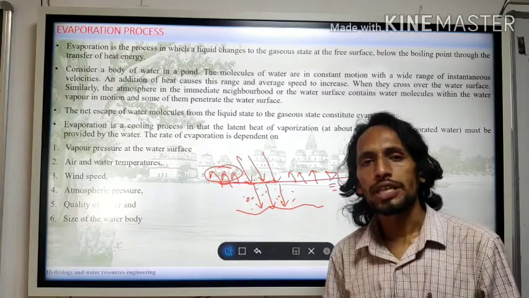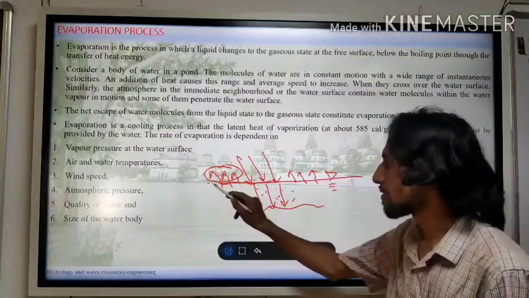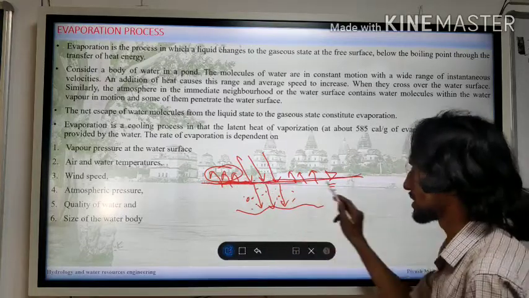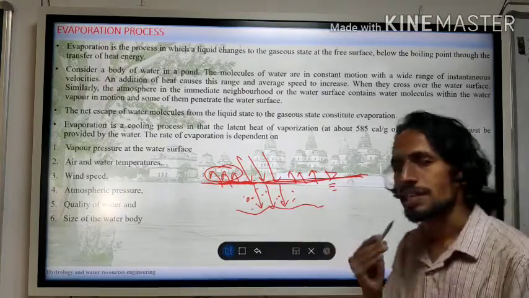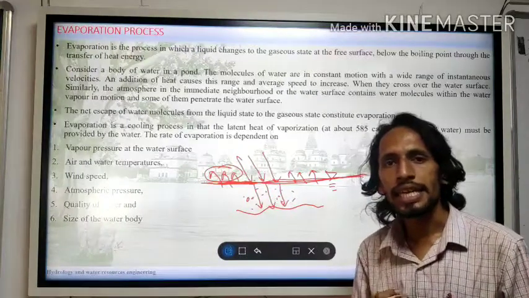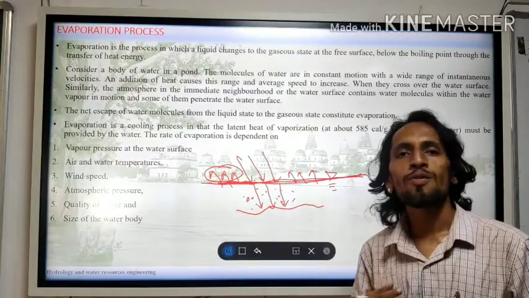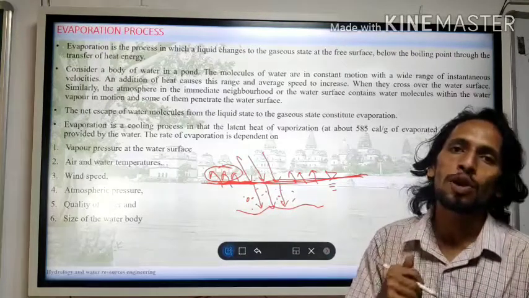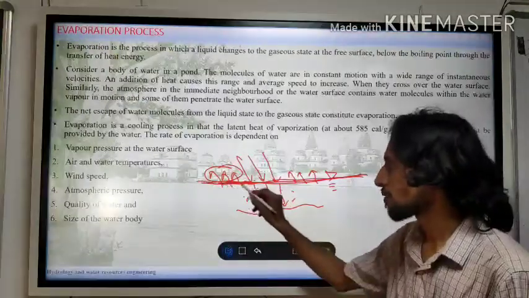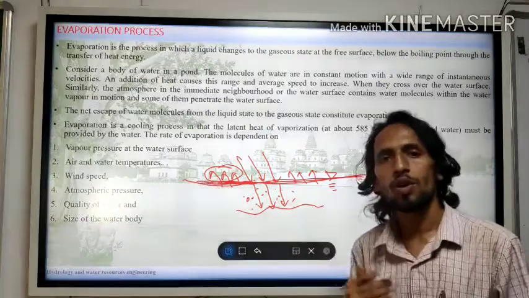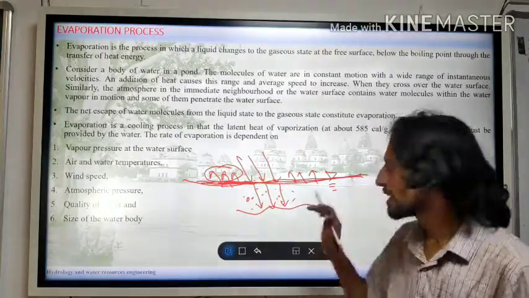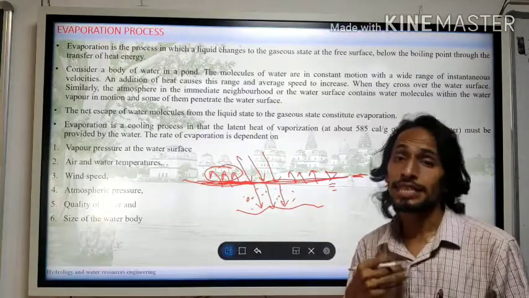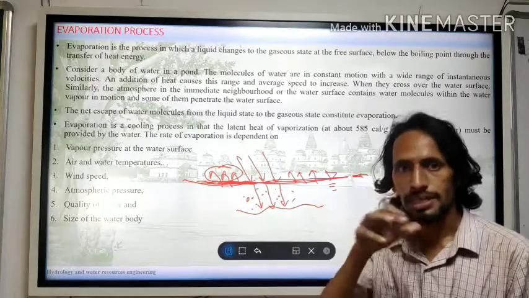In evaporation, only the surface plays the role. Water up to a certain depth is heated, and the conversion of water into vapor happens only at the surface of the reservoir or water surface. Only this surface plays a role in the process.